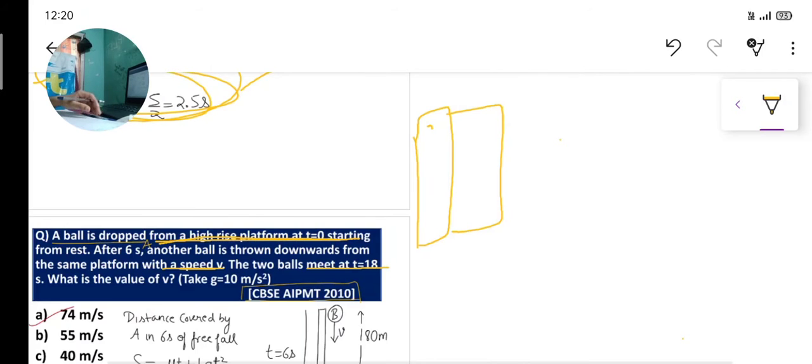What is the velocity of b with respect to ground, and the velocity of a?